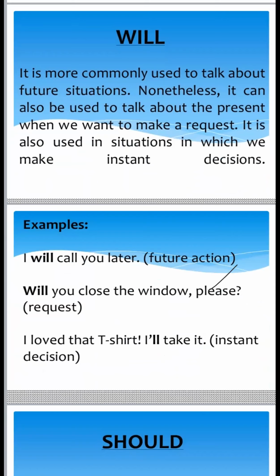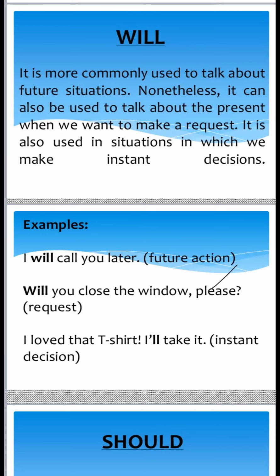Here are some examples of will. For the future action: I will call you later. If you wanted to call someone later in the future, you are going to make this kind of statement. If you are requesting for the future: will you close the window please?